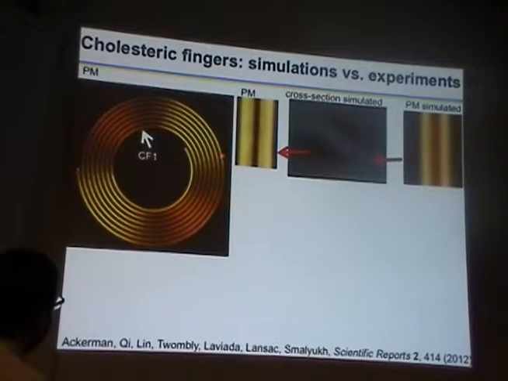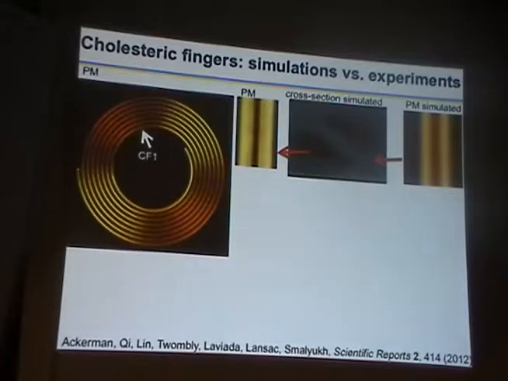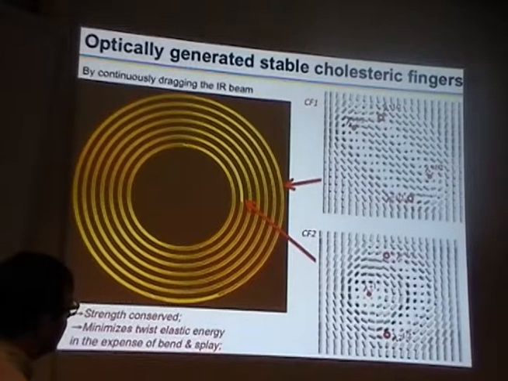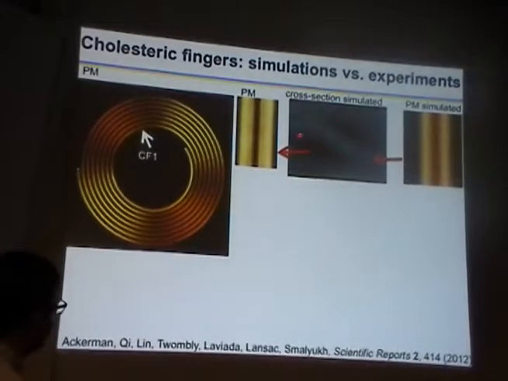So now we can generate a number of different configurations, obviously, by using scanned laser beams. And now what they're showing here is a cross-section of such a structure that is obtained by Paul through minimization of Frank-Oseen elastic free energy, and you can see the details of director field corresponding to it. The previous ones were all reconstructed from experiments.